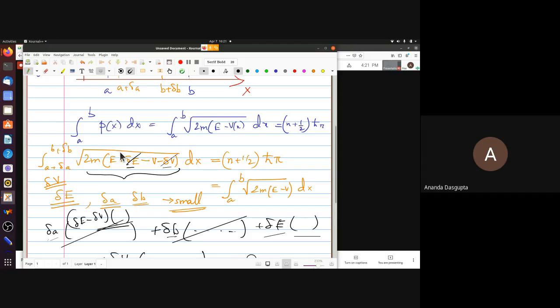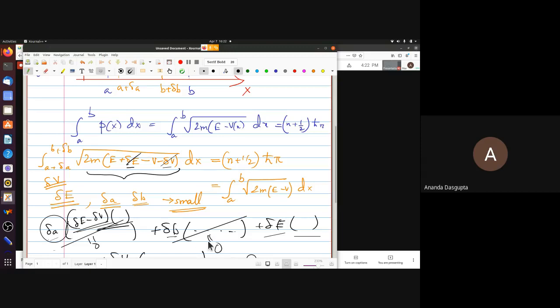But if you accept that, you should now be able to see why I am ignoring it. I'm ignoring it because delta A is sitting outside, right? To multiply that by delta E minus delta V, what you get is a second order variation, not a first order variation. So, as far as the first order variation is concerned, this term is 0.